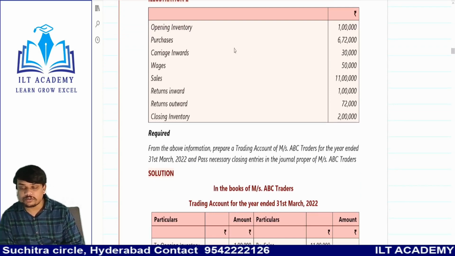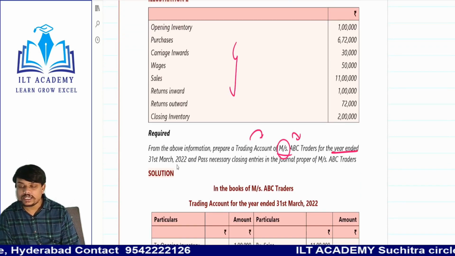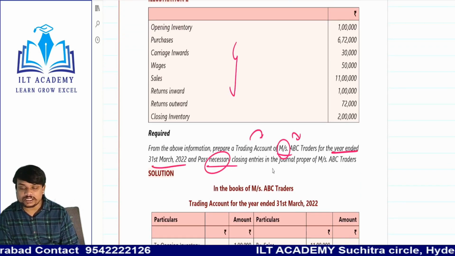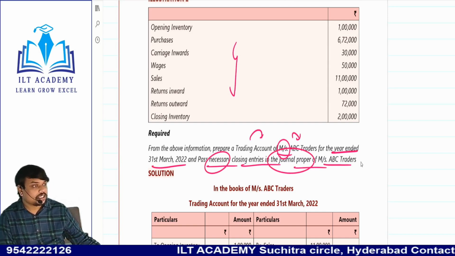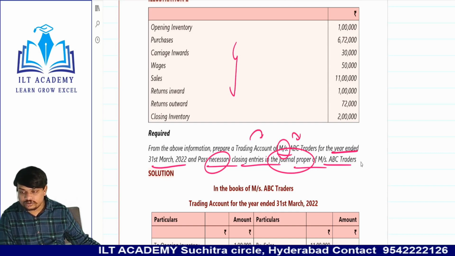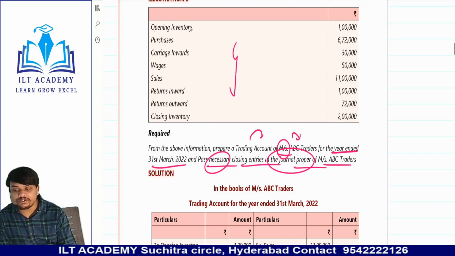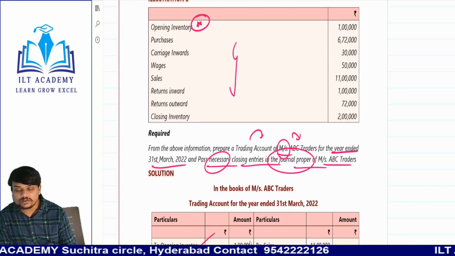Now refer to this information and prepare the trading account of Messrs ABC Traders for the year ended 31st March 2022 and pass necessary closing entries in the journal proper of Messrs ABC Traders. I'll explain. Now opening inventory, where will it be going? Trading account. Opening inventory debit side 1 lakh.